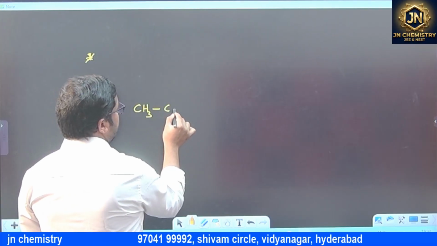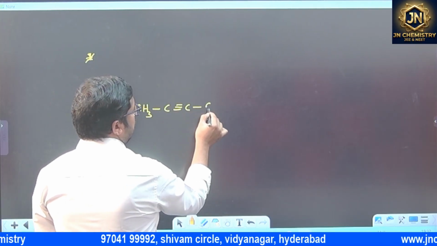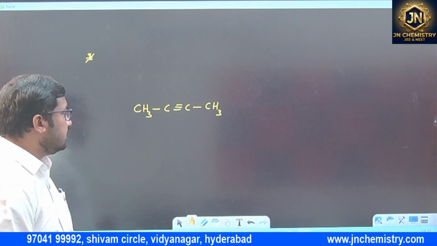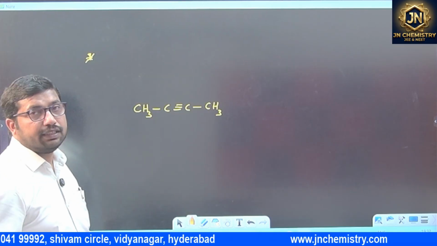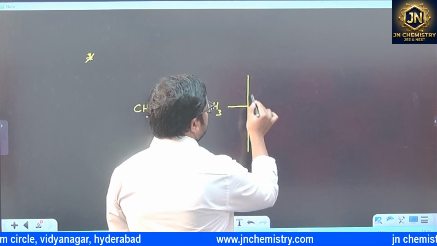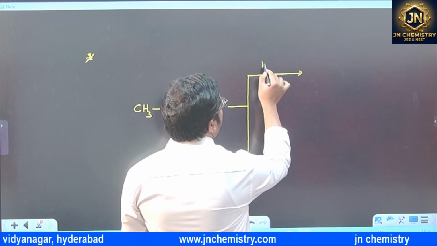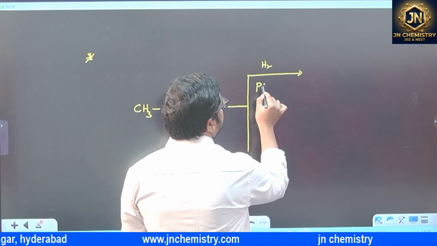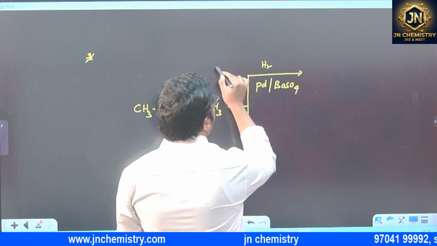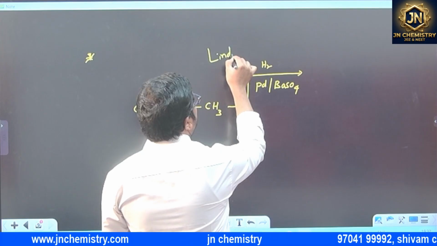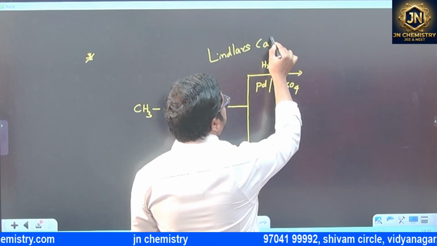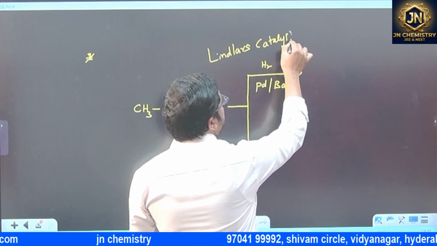Controlled reduction. This is important, and recently in JEE Mains they asked this question. Lindlar's and Birch reduction. When we do the reduction in the presence of hydrogen, palladium, BaSO4, this is Lindlar's catalyst.